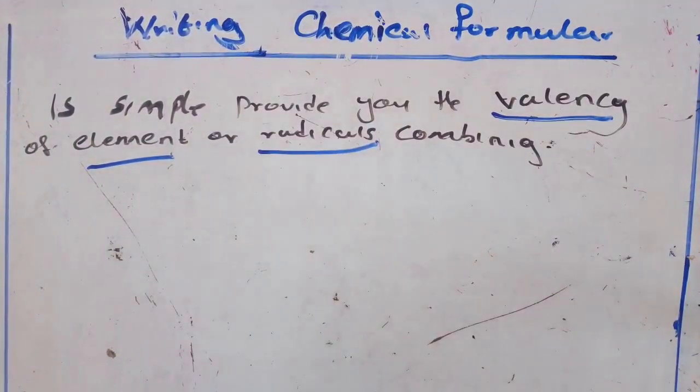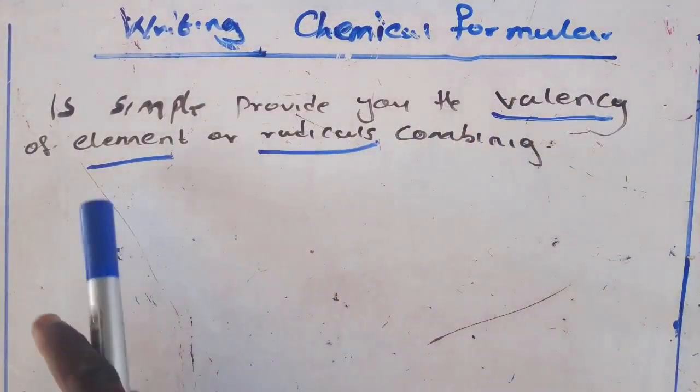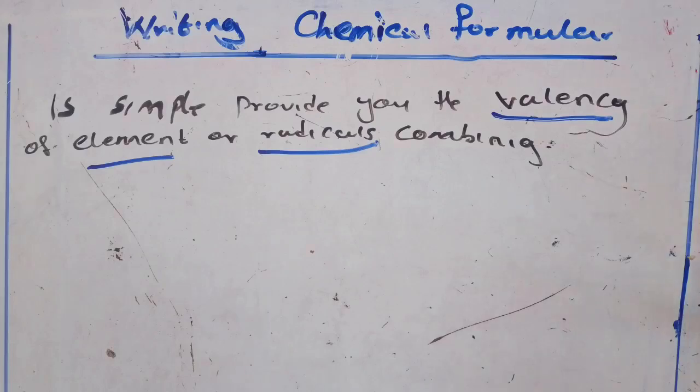So here, when you see, we have three terms: valence, element, and radical. You need to understand these terms before we proceed.